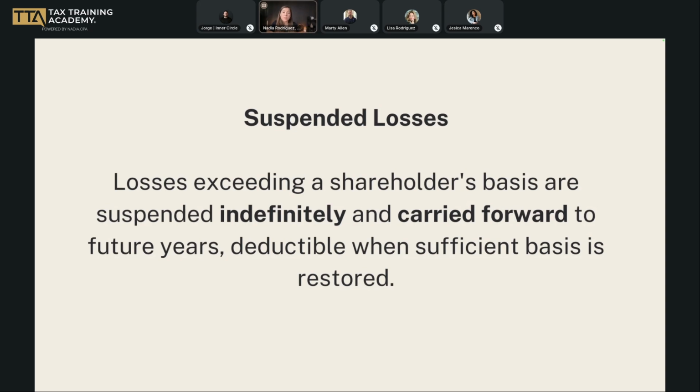The bad thing about suspended losses is that if we were to terminate the S corporation one day and we said, we're done with the S corporation, I'm retiring, I'm not selling it, I'm just closing it down, or maybe we're selling it, at that point, you cannot release suspended losses. They get lost forever, because you no longer have any more economic investment in that S corporation.